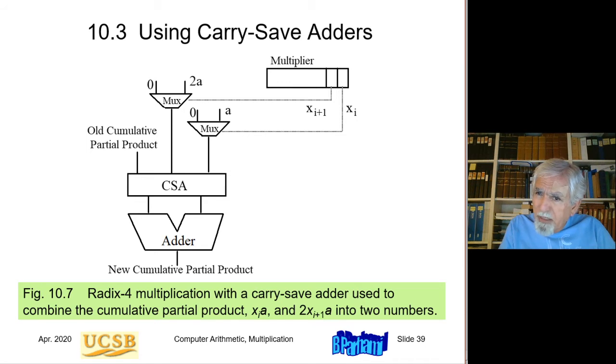The multiplexer, remember, was there even in the radix 2 multiplication, so that's nothing new. The carry-save adder is the new element here. So the critical path of each cycle has been lengthened, and therefore each cycle will be slightly longer than the cycle for an ordinary binary multiplier.